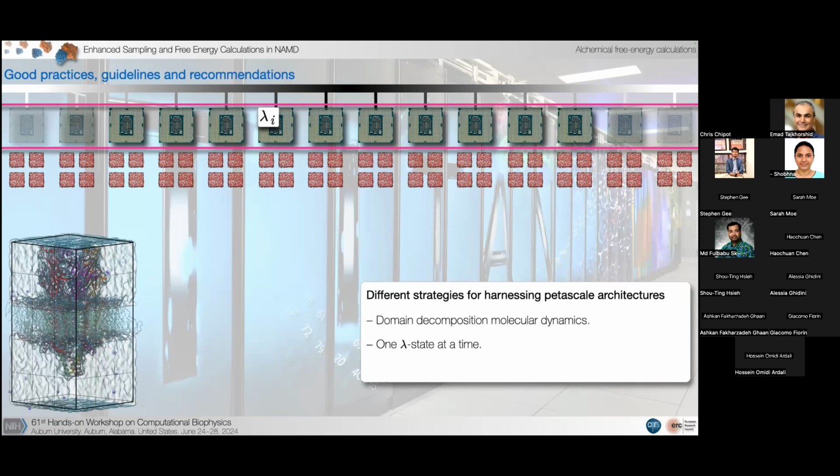Otherwise, if you want to simulate, let's say, 0.6 to 0.7, and your system is still lagging behind and reflecting, let's say, 0.4, this is prone to catastrophe and to large errors in your free energy estimates. So you need to properly thermalize and equilibrate to reflect the actual value of lambda that you want to simulate.